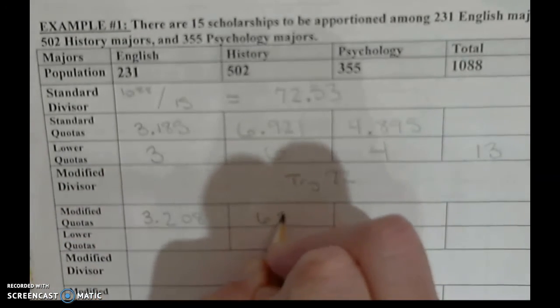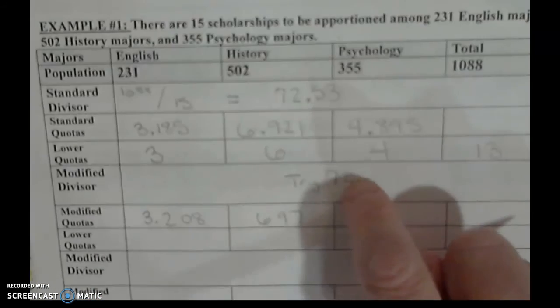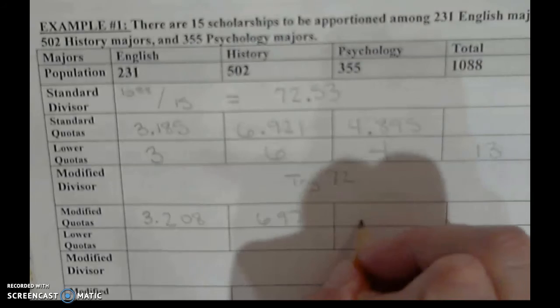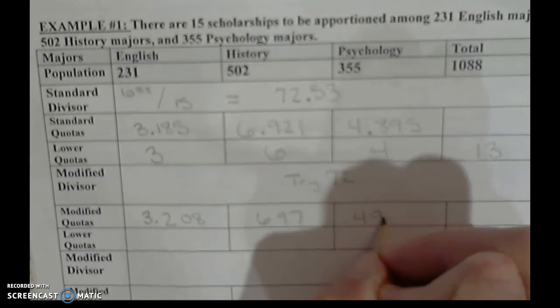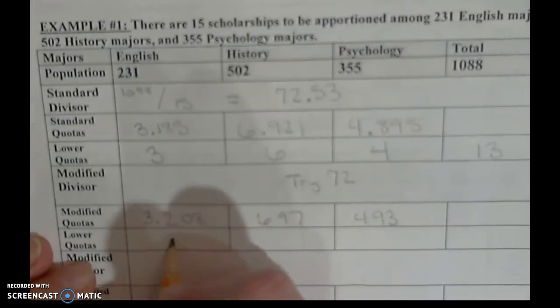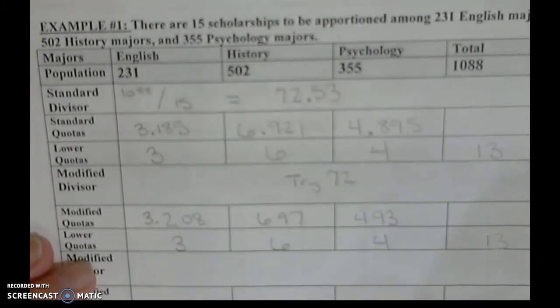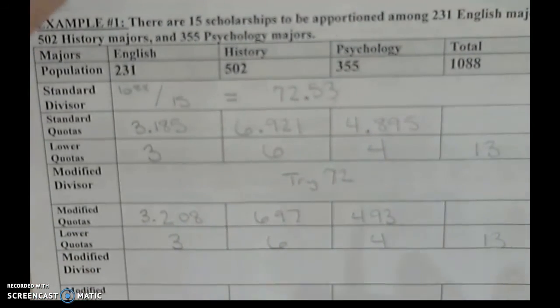This is 6.97, 502 divided by 72 gave me that. And then 355 divided by 72 gave me 4.93. Well, this is still 3, 6, and 4, which is still my 13. So we need to go lower. Like I said, there's no art to this. I'm literally just trying numbers, and this time I'm only going by ones. You might need to go more or less than that next time.